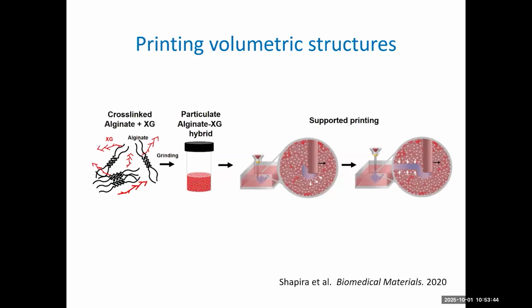So we're printing tissues, but in the lab we call these 2.5D tissues because they're not really volumetric. If we want to create real volumetric tissues, we need another approach, because we cannot print this liquid a few layers high, or it will collapse.